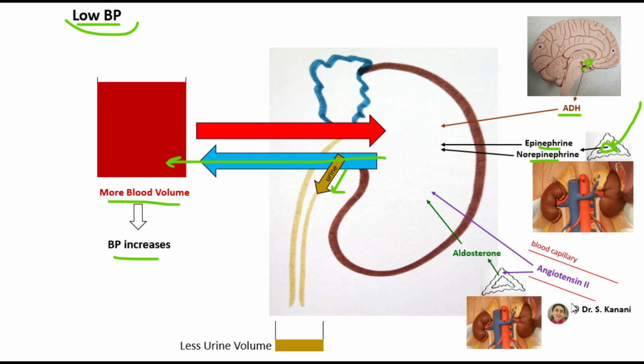The next hormone is angiotensin 2, which forms when angiotensin converting enzyme in our blood capillaries change angiotensin 1 to angiotensin 2. One of the effects of angiotensin 2 would be lowering the urine volume to increase the blood volume.